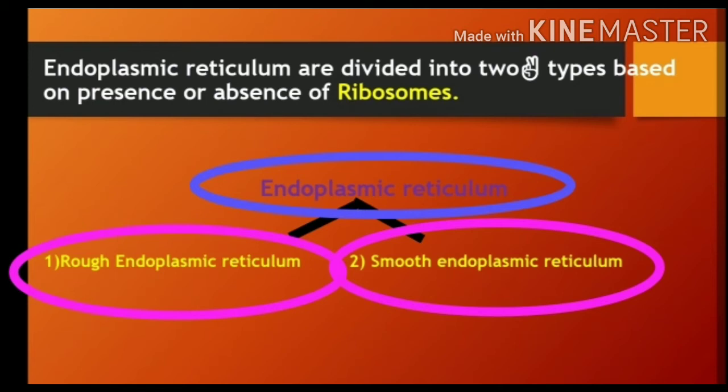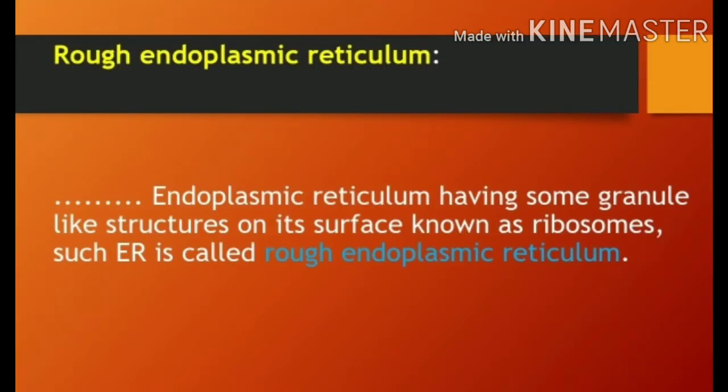First of all, the endoplasmic reticulum having some granule like structures on its surface, which are ribosomes, is known as rough endoplasmic reticulum.